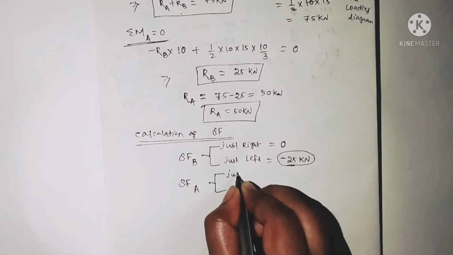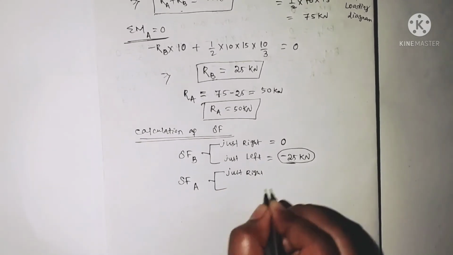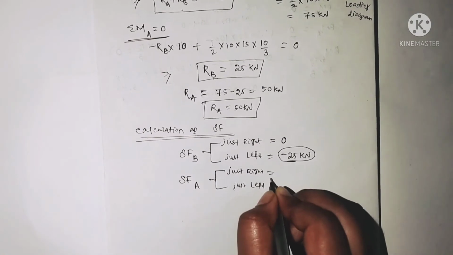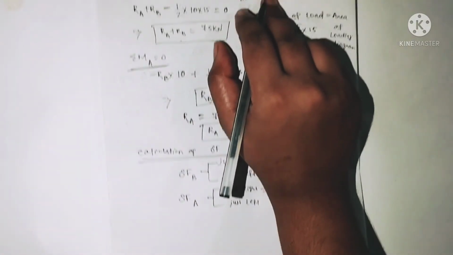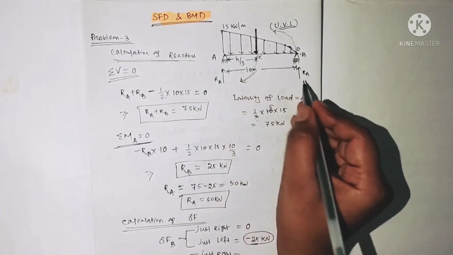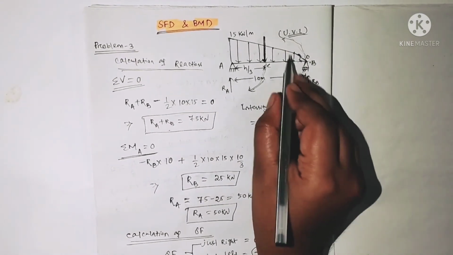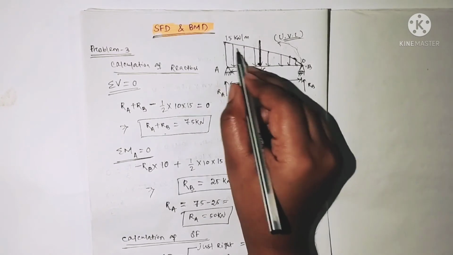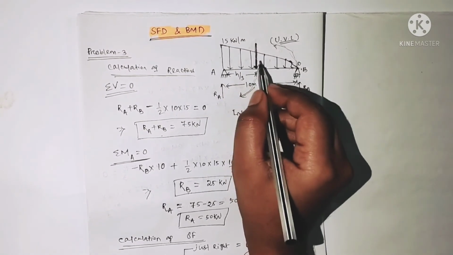Now move to shear force at A, just right and just left. Now calculate at just right. Here the force Rb gives one effect and the force 15 kilonewton per meter gives another.